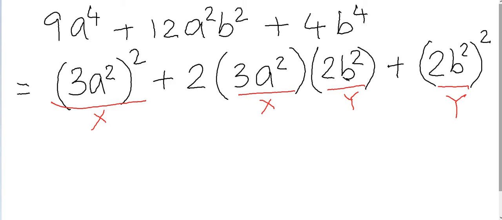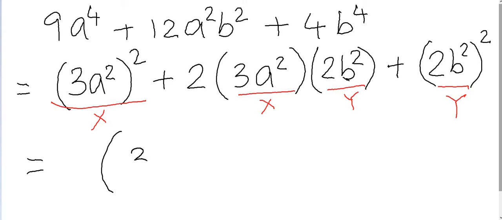So if you look at 9a4 becomes 3a square whole square. 12a square b square is 2 times 3, 6, 2 is 12, a square times b square plus 4b to the power 4 is 2b square whole square. So now you've expressed that as x square plus 2xy plus y square, which is x plus y whole square.